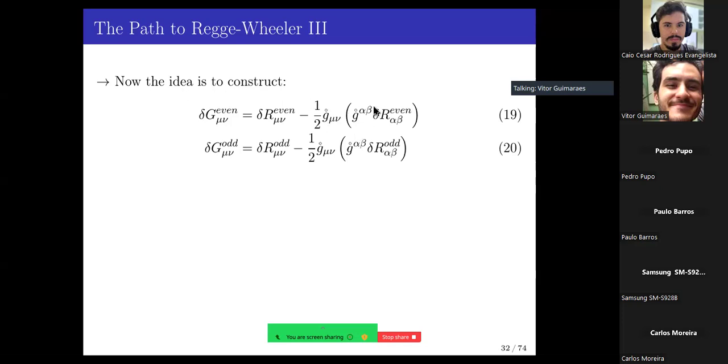We can open up the perturbations, the h's inside these tensors. We have differential operators here, first and second derivatives of the metric perturbation, which are linear operators. So if we decompose our metric perturbation h into h even and h odd, we can separate them easily because we linearized.